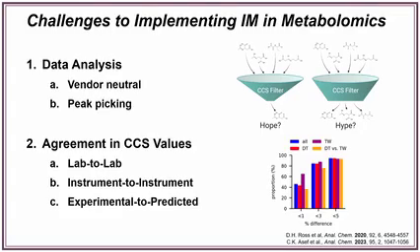Okay, so some of the challenges that we face, because there's always things that can be better. One is the data analysis. You're adding an extra dimension into your data, which means there's more complexity in the data analysis.